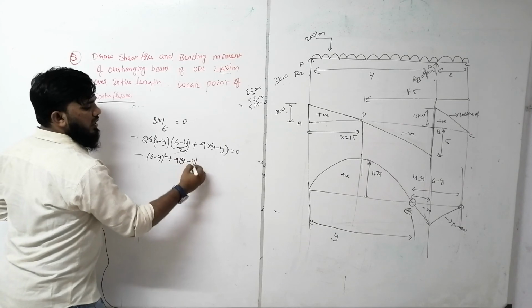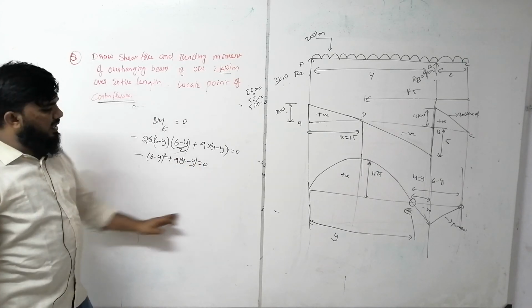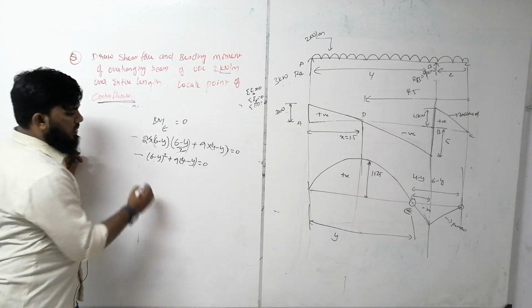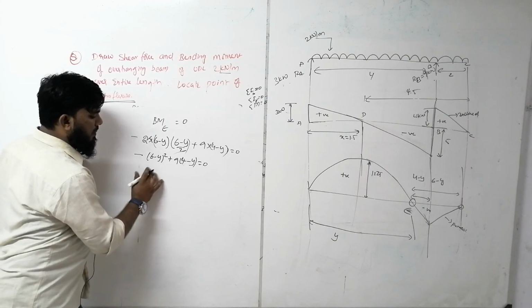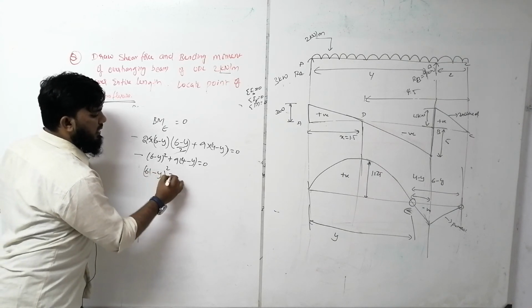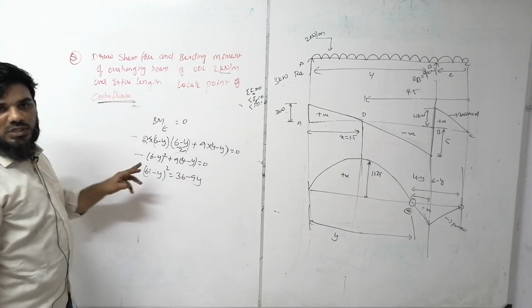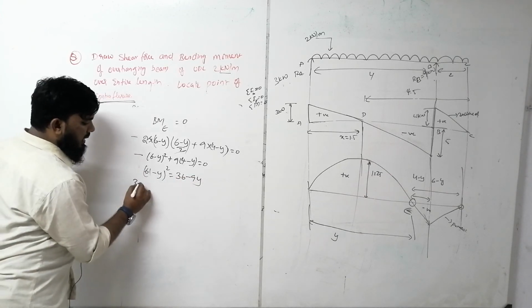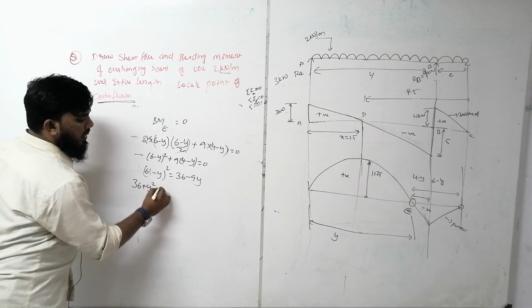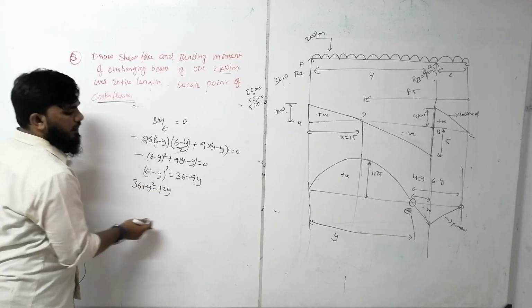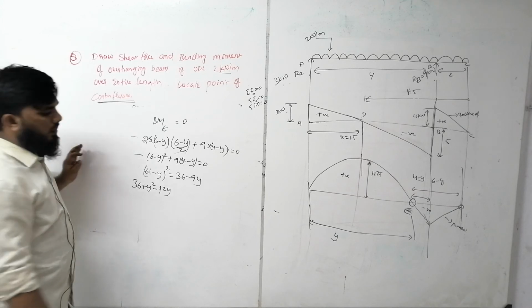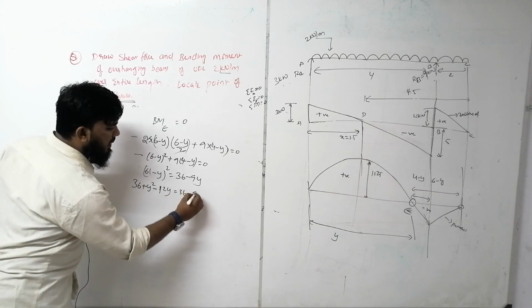Don't get confused with 4 and y. Okay. The 6 minus y goes on other side. So that is 6 minus y the whole square is equal to 36 minus 9y. Correct? 9 4s are 36. So this is 36 plus y square minus 12y. Why? So a minus b the whole square form is equal to 36 minus 9y.